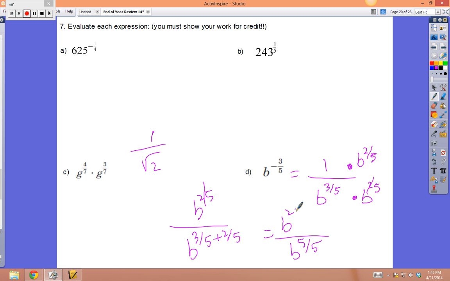But on top, you're going to have b to the 2/5. So our final answer is b to the 2/5 over b, which is just b to the 1. But you don't even need to really write that 1 if you want.